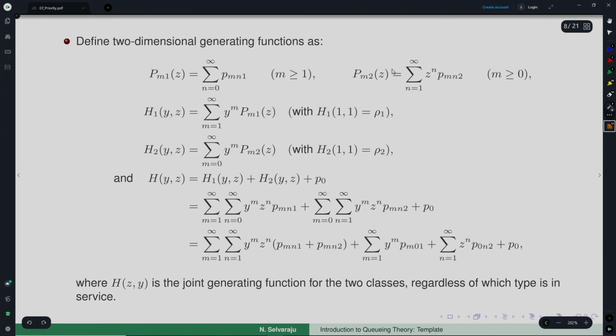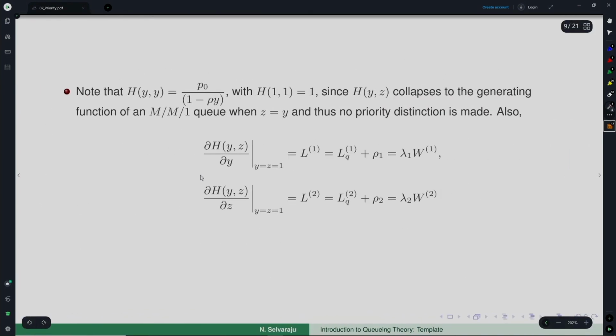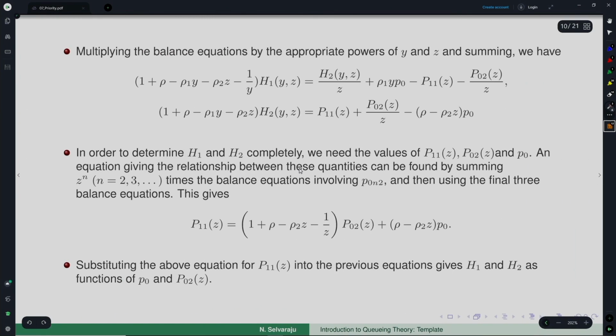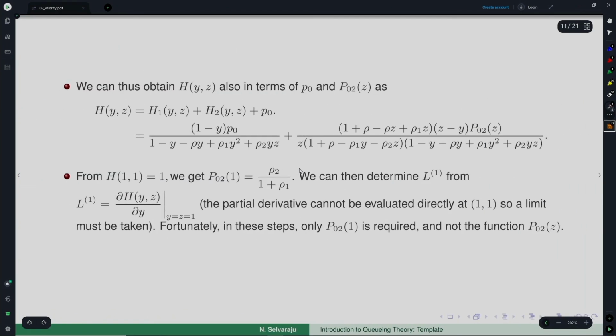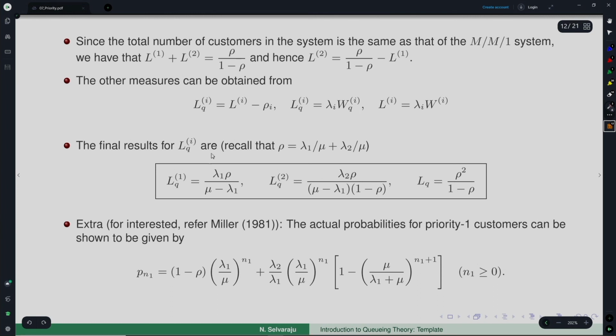So, we defined partial generating functions, and then we constructed the full generating function, or the joint generating function, and by differentiating that we obtained the mean performance measures, which are number in the system, waiting time in the system, waiting time in the queue, number in the queue for priority class 1, 2, and these are the quantities that one can obtain.